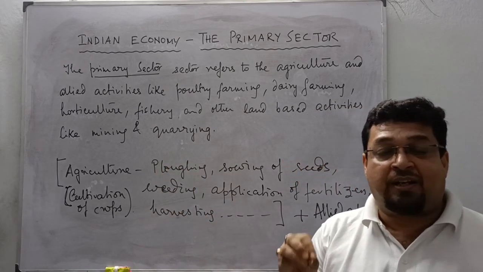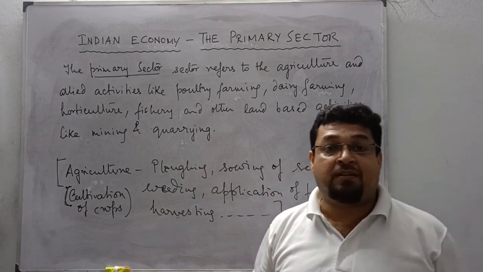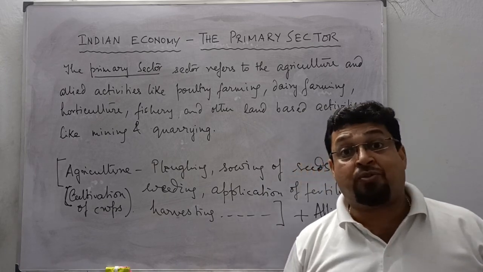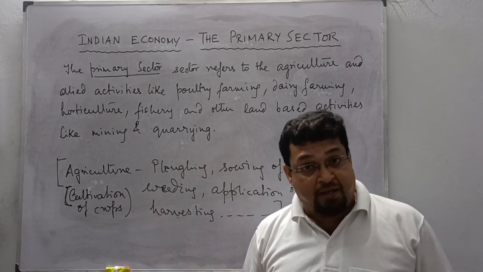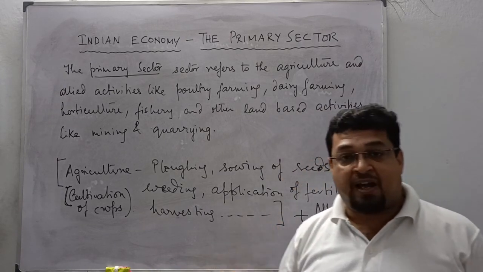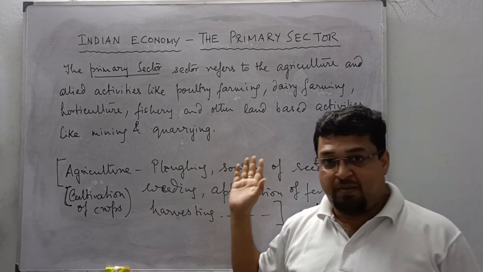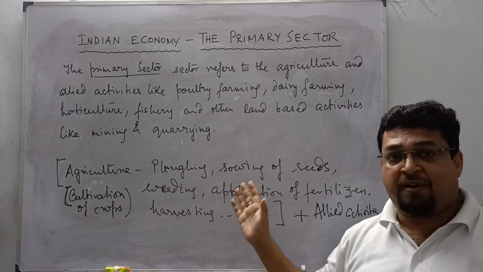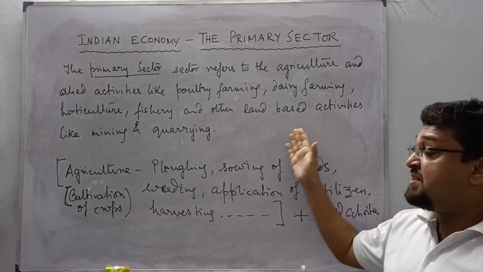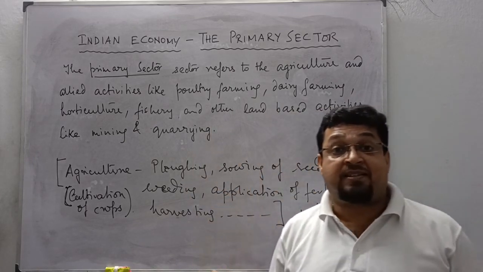These are all land-based activities that fall within the primary sector. So the primary sector is not only agriculture, but agriculture plus the allied activities: fisheries, poultry, dairy farming, horticulture, forestry, and land-based activities like mining and quarrying. This is all about the concept of the primary sector.